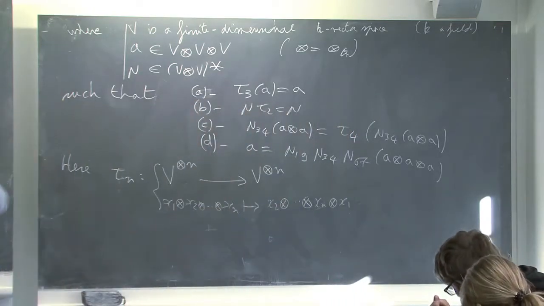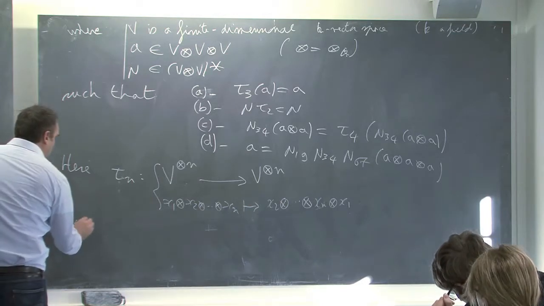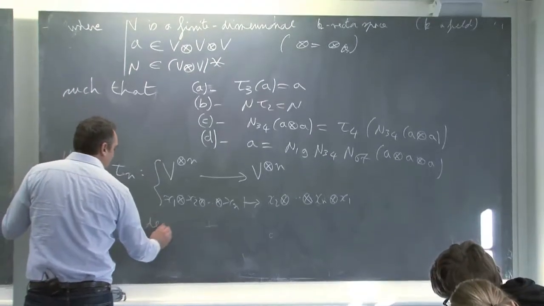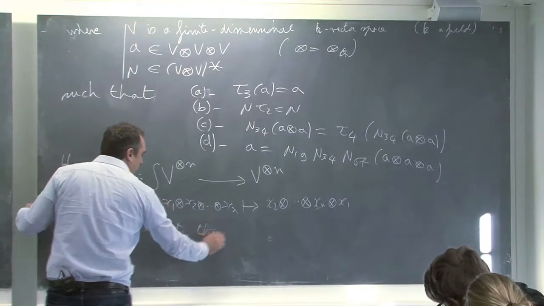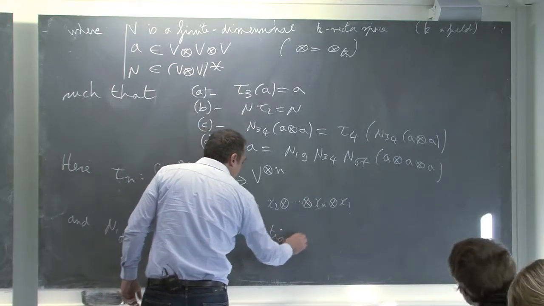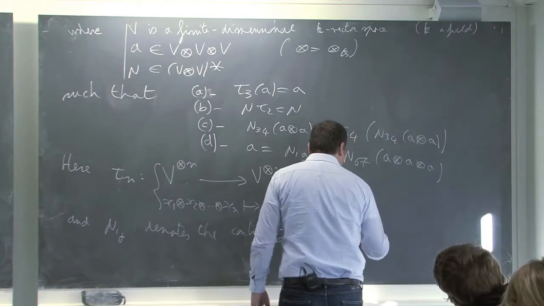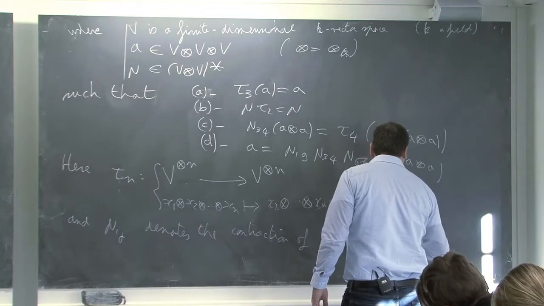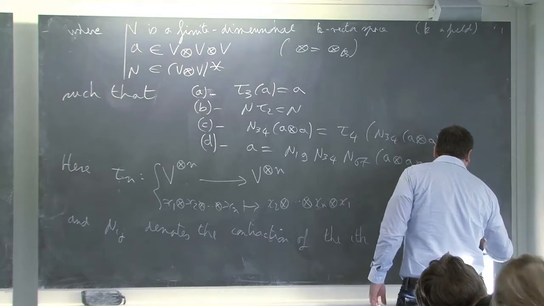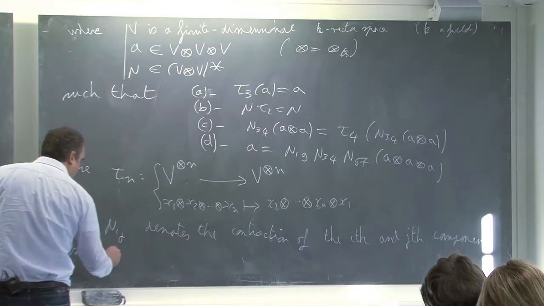So this is a circular permutation. And μ_{ij} denotes the contraction of the i-th and j-th components using the form μ.